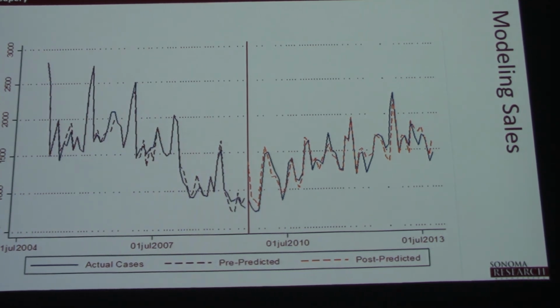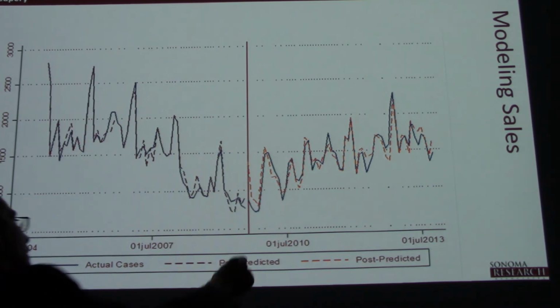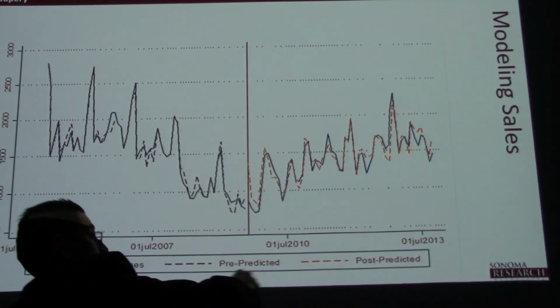If I throw in a quadratic time trend, it's going to capture that U. So I think that's why, because the pre is capturing a time trend, and then that time trend changes. According to time, that should still keep going down, and it doesn't.